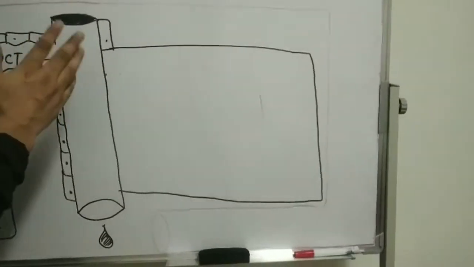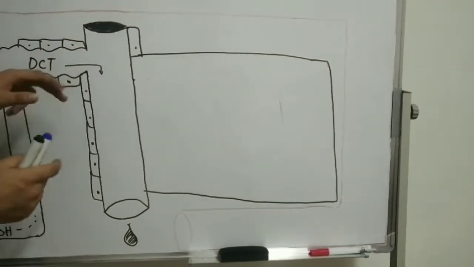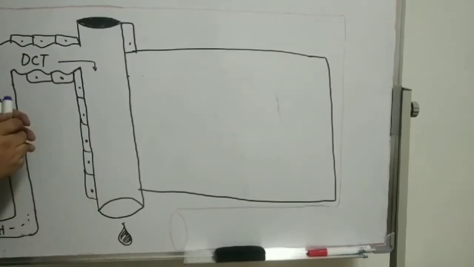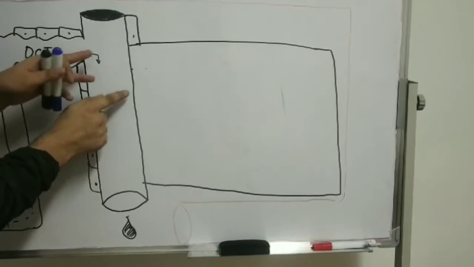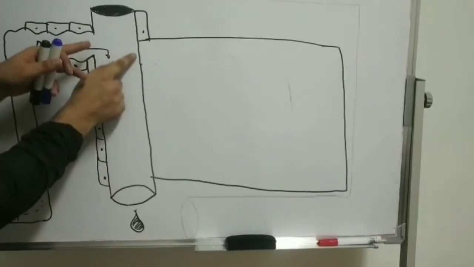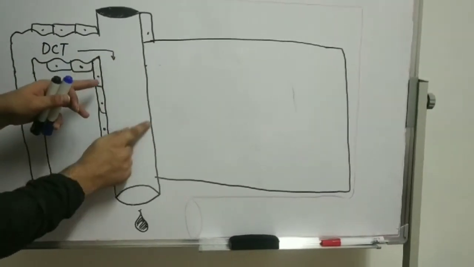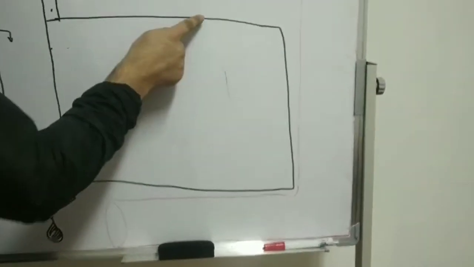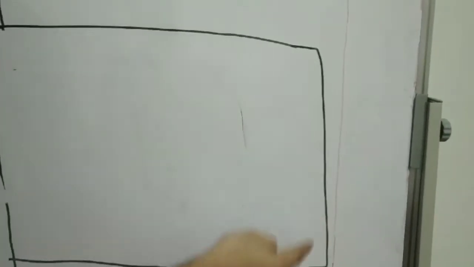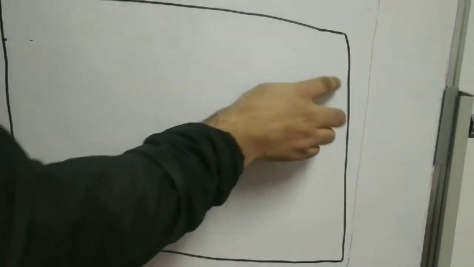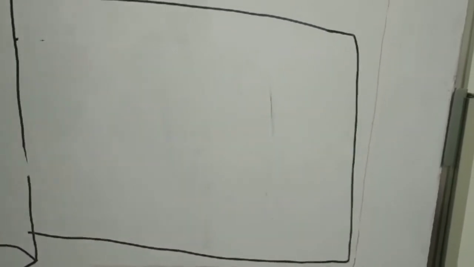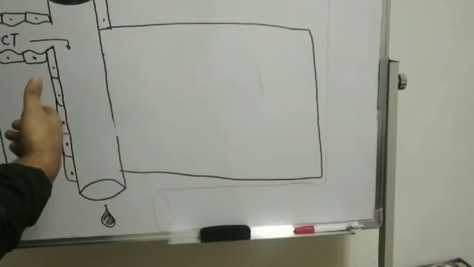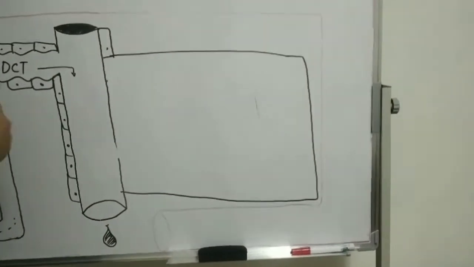First of all, this is the lumen of the collecting duct, and this surface of a cell is called the luminal surface. This other surface is called the basolateral surface. On the basolateral surface, there are receptors for the ADH.